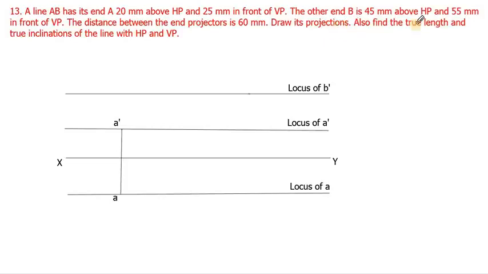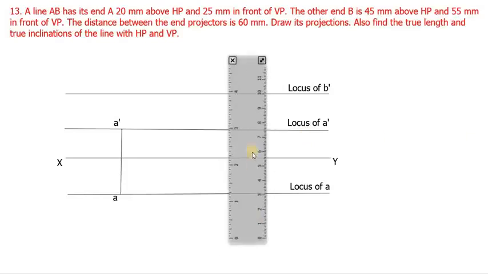Similarly, the B point is given as 55 mm in front of VP. So take a scale. From XY, mark 55 mm. So this is the point where the locus of B will exist. Let us mark the point here: 10, 20, 30, 40, 50 and 55.